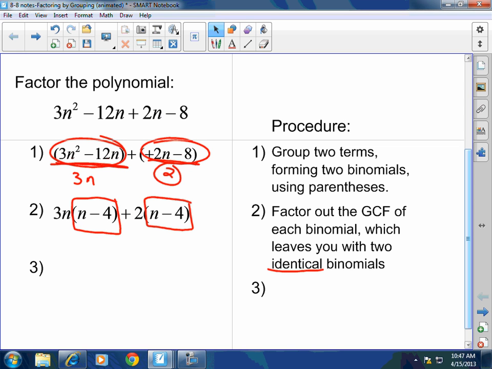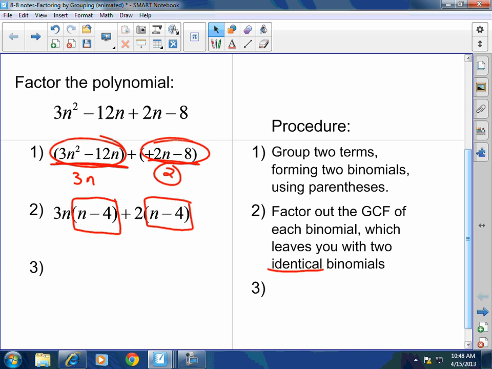I just factored the 2 sets of binomials that I grouped together. I factored something out of each of them to create 2 identical binomials, which in this case are n minus 4. Does that make sense so far, guys?